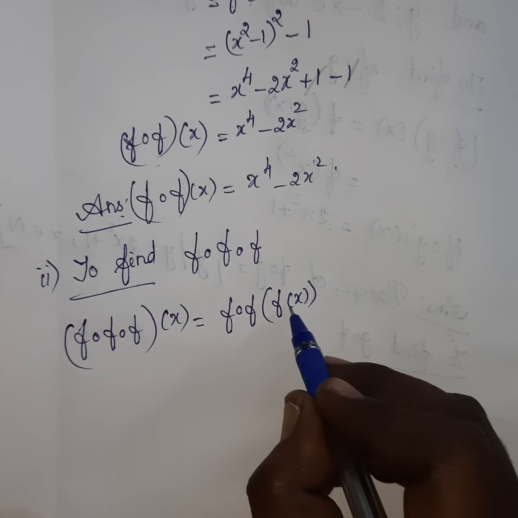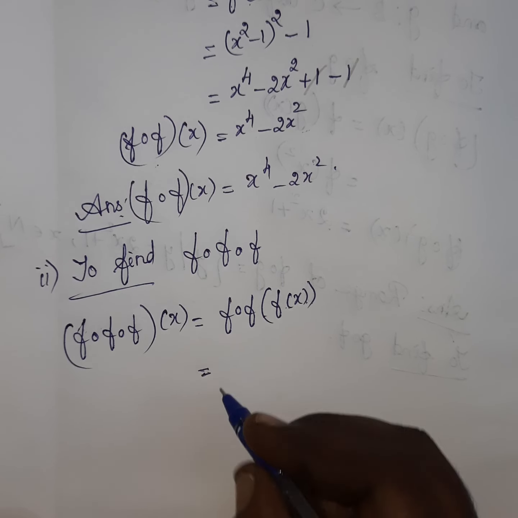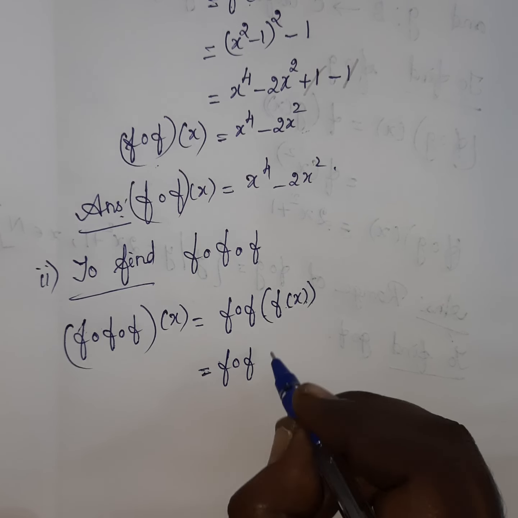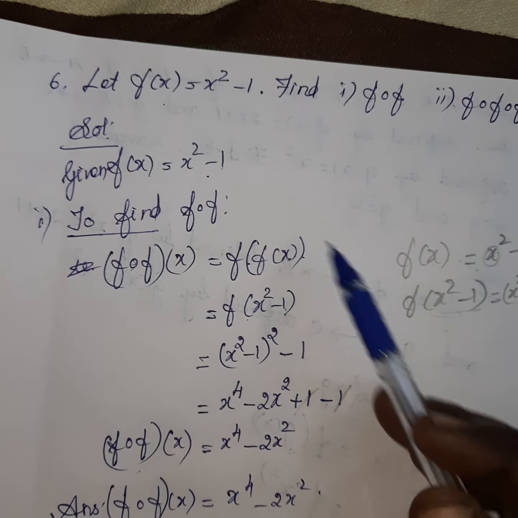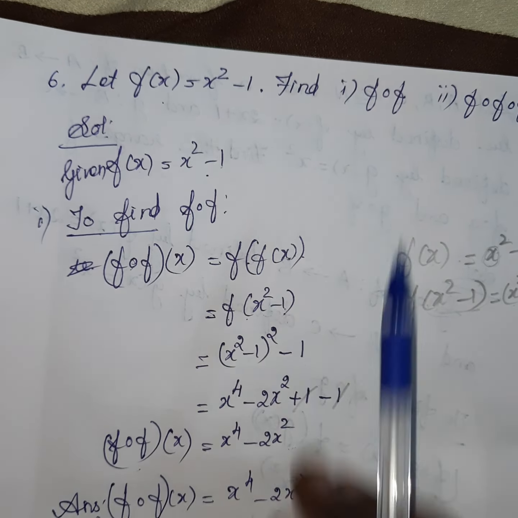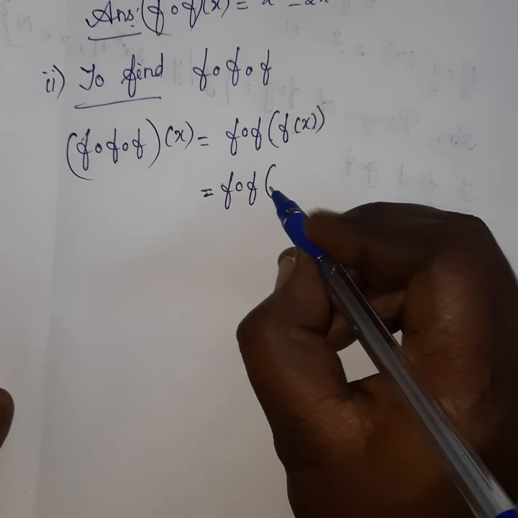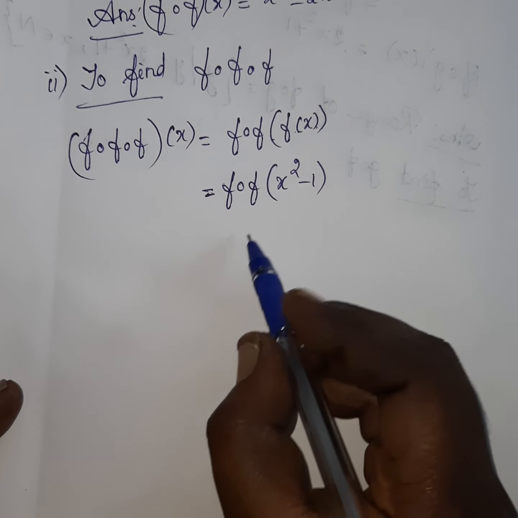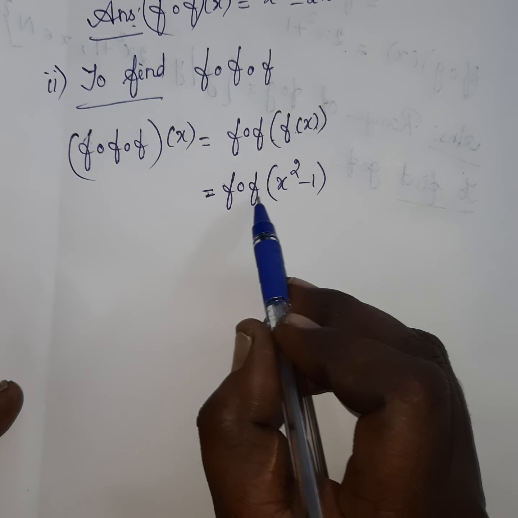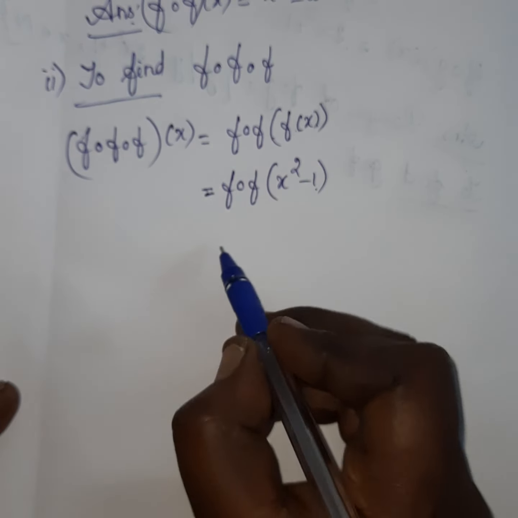This one set of bracket, this another set of bracket, which is equal to f composite f of, what is the f of x value that we got, we have in the question itself, it is x square minus 1. So we can write it is x square minus 1, like the previous question. Like we can change this f of x square minus 1.